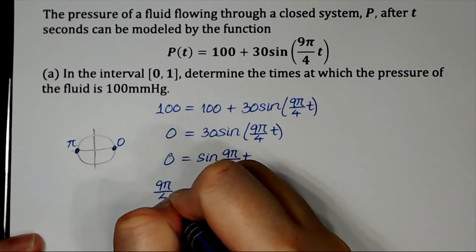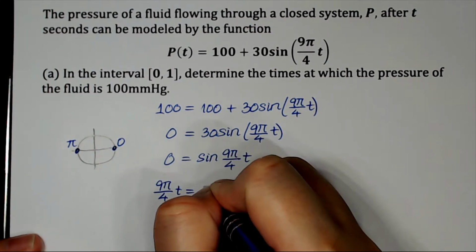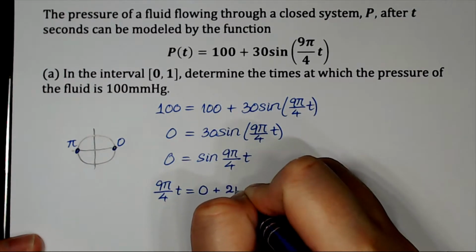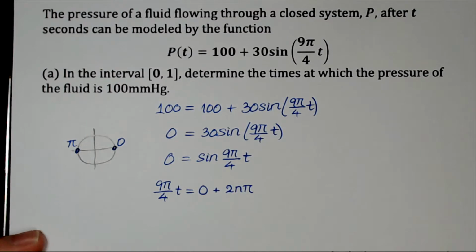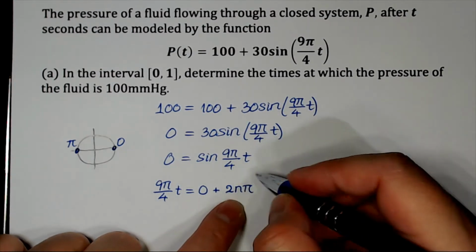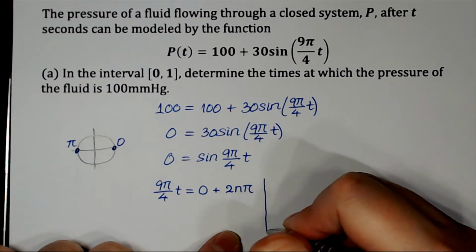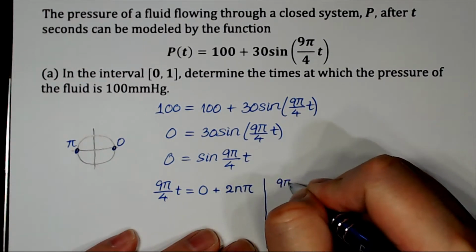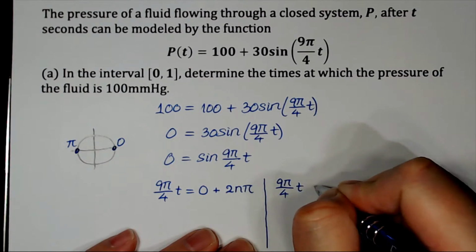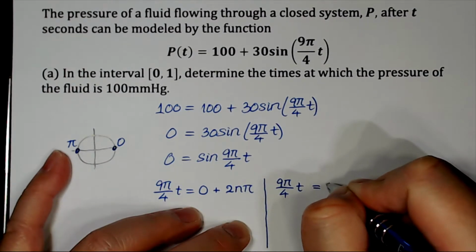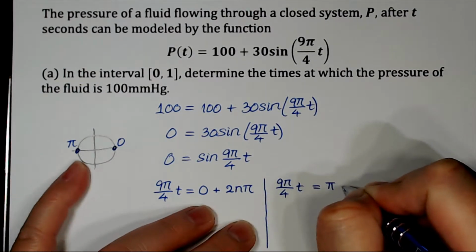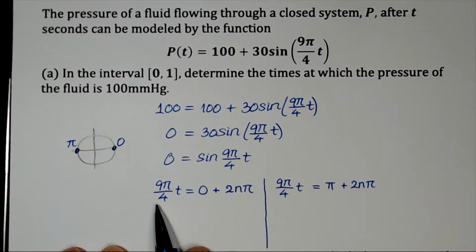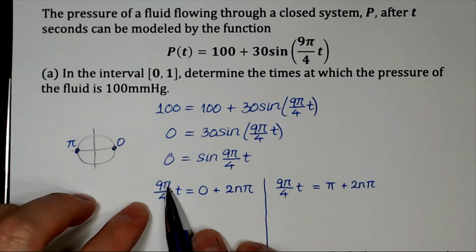Next we have 11 over 6. And we're going to add pi over 3 on both sides. And we have 13 over 6 pi.